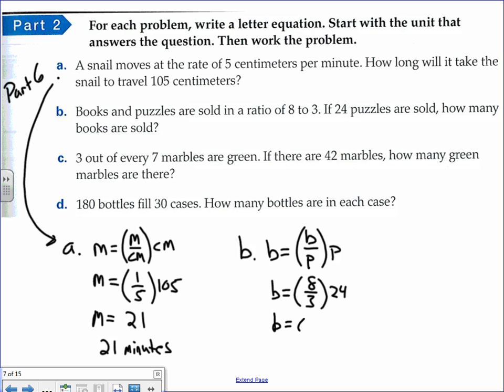And when you do that, you'll get 64. So there were 64 books. All right, you should pause the video right now and work on C and D on your own. When you have those completed, you can go ahead and continue the video and start reviewing for part 7 of your test.